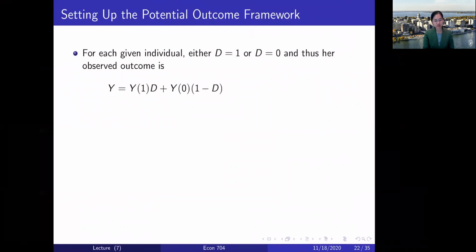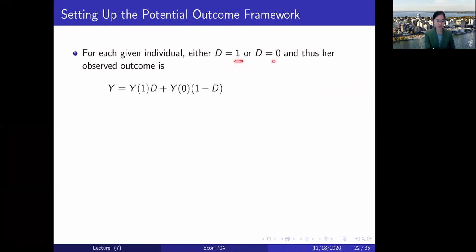So how do we map this potential outcome framework into the linear regression equation that we have been talking about? We do this by first relating the observable outcome, the realized outcome, to the potential outcomes. Because for each individual, her treatment status is either 1 or 0. It cannot be both. It cannot be neither.